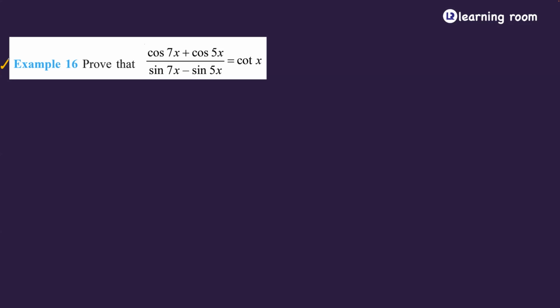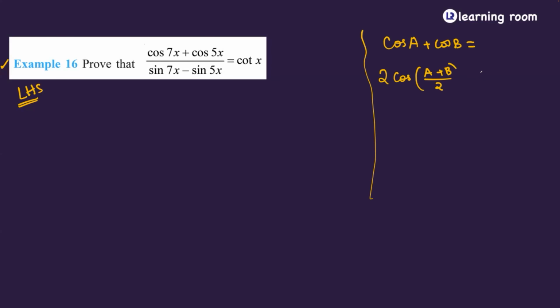Okay. So if you take the LHS, first let's recollect the formula. Cos A plus cos B is equal to 2 times cos of A plus B by 2 times cos of A minus B by 2.